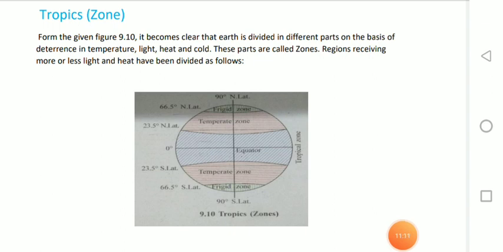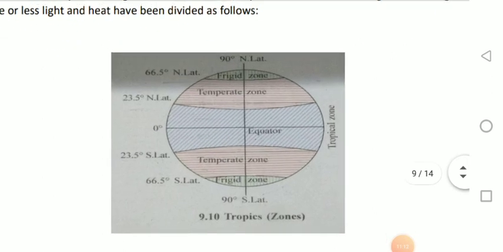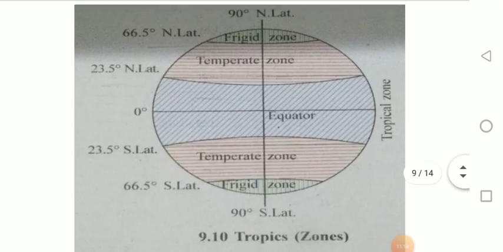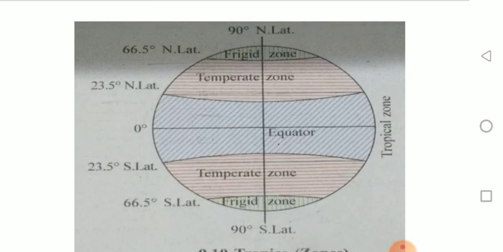the tropic zones are divided. Here you can see that 66.5 degree north latitude is the freeze zone because fewer sun rays fall here.